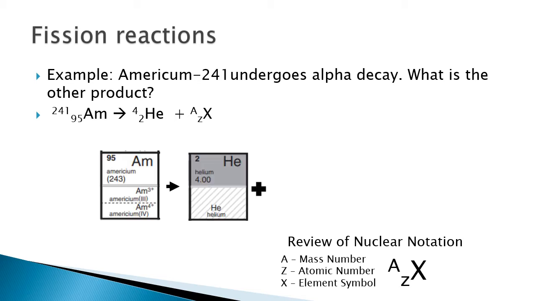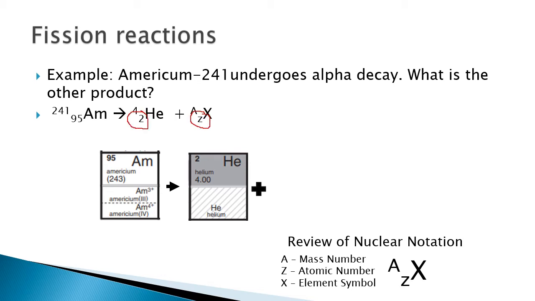What we'll see, and I've taken it right from our periodic table, is americium, which has an atomic number of 95. Then helium breaks apart, and helium takes away two protons.